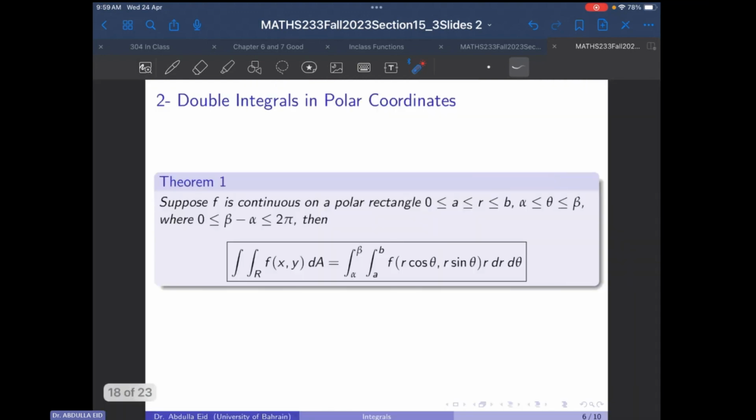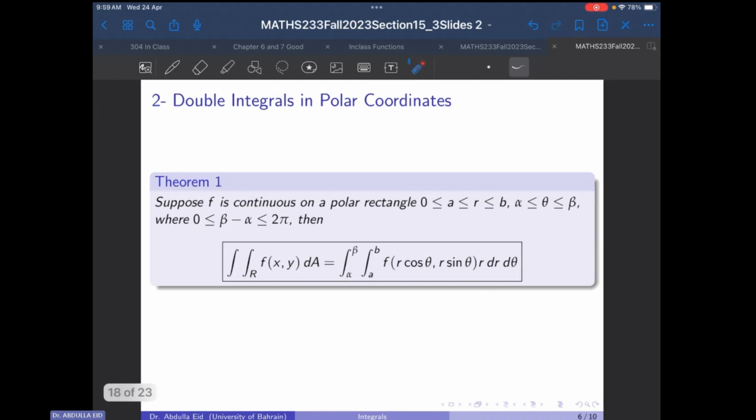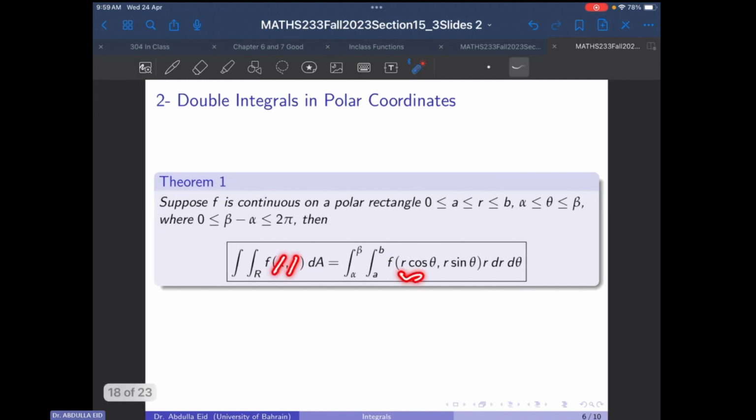Now, how do we evaluate the double integral in polar coordinates? Well, we do it in this way. First of all, we need to change every x and y in the question into r cosine theta and r sine theta. That's easy, right? Again, we need to find r between which number and which number, and theta between which number and which number.